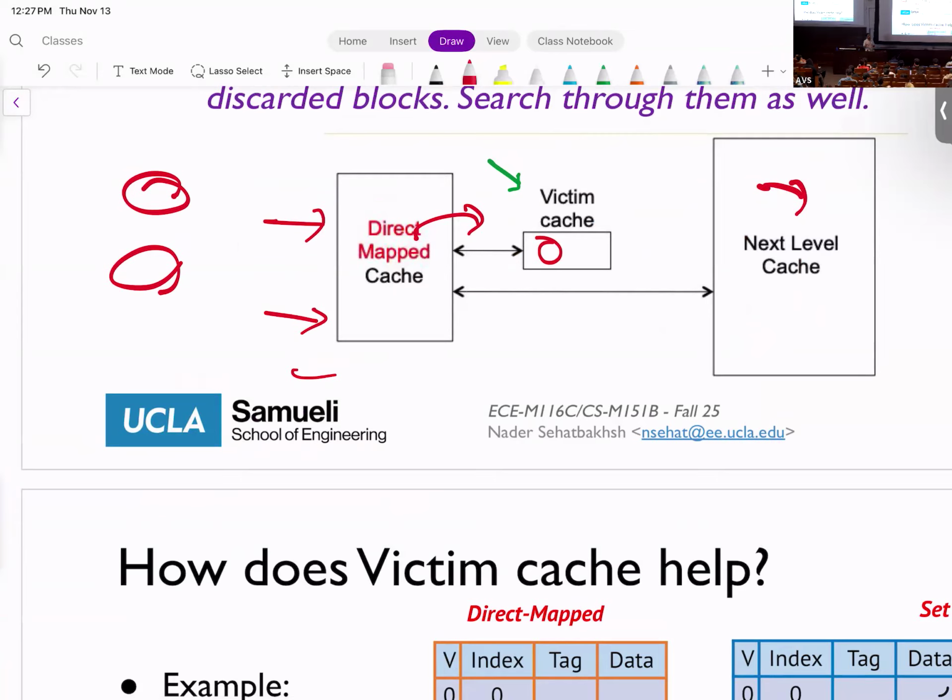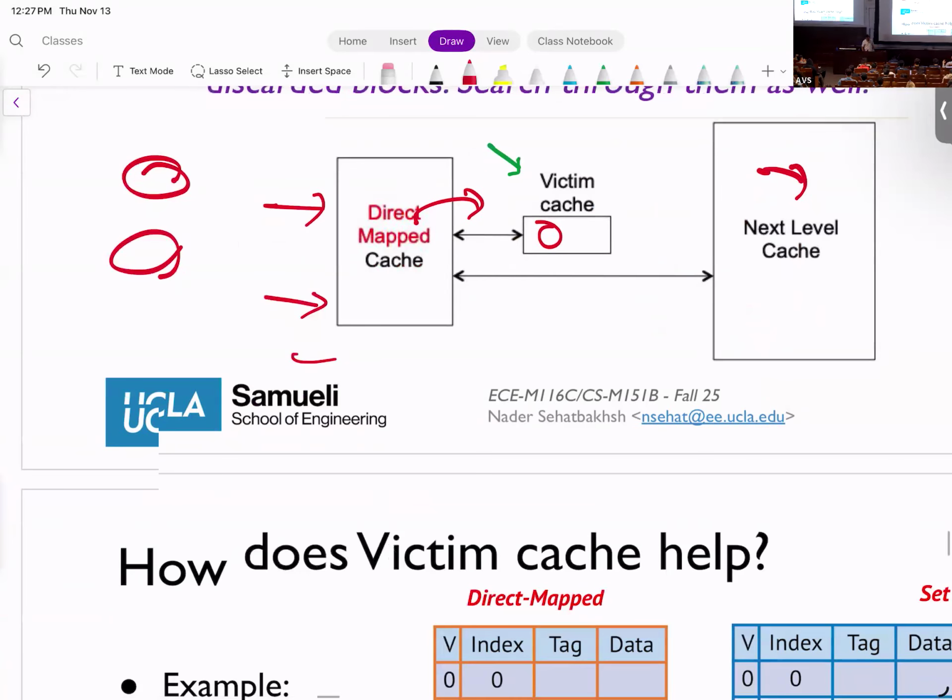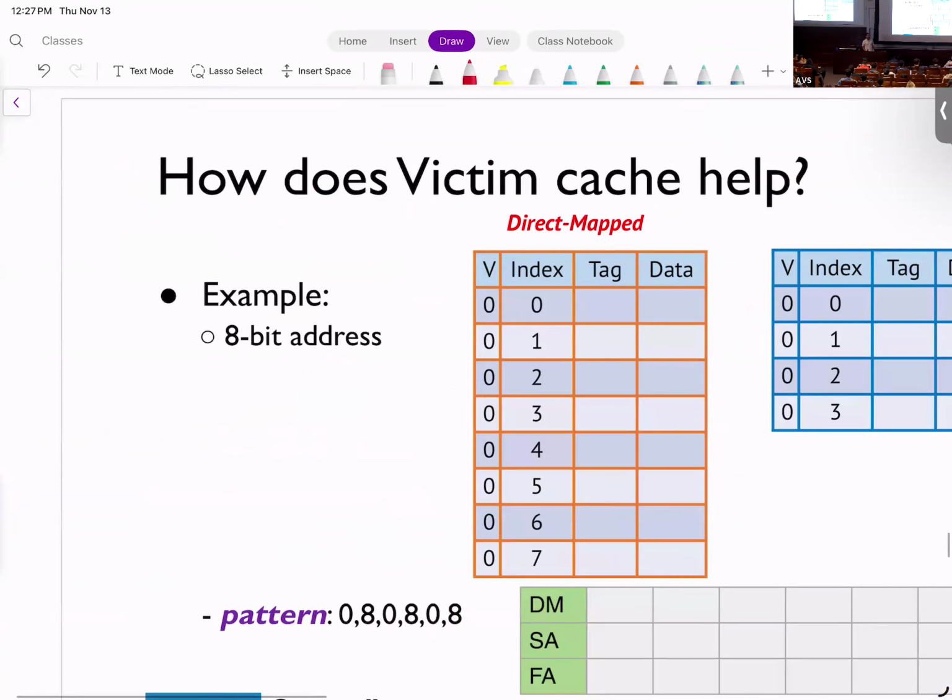It's very likely that I have 4 or 5 addresses that are conflicting with each other, but it's very unlikely that I have 2 sets, both of them with this kind of conflicting. But of course, it's possible. In the victim cache, you also kick things out, so you're not going to get very good performance.